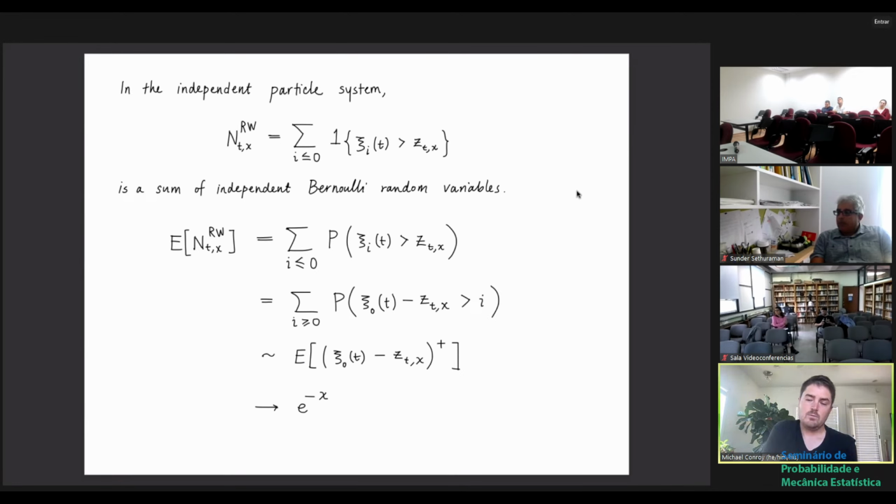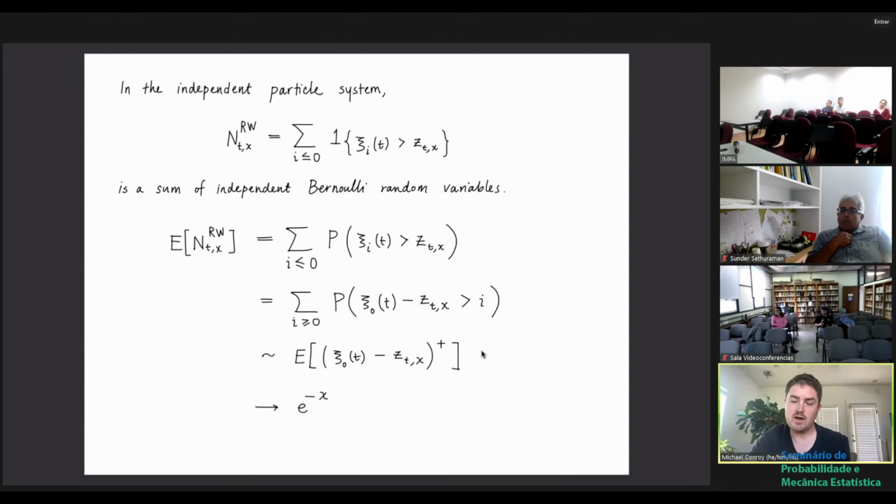then we can rewrite these probabilities of random walks starting at i as random walks starting at 0 shifted by i. And we get an expected value of a simple random walk starting at 0 minus z, taking the positive part. z is of order square root of t log t.